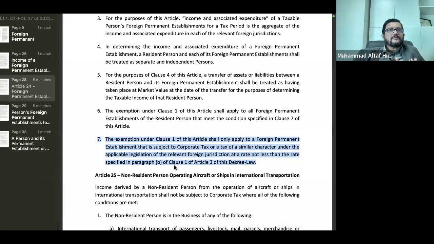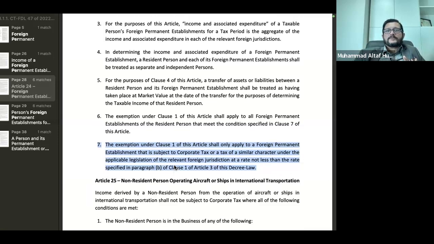So this exemption will not even be available. We will need to include it here. The only thing we will be able to do is claim a foreign tax credit in this case. Exemption we will not be able to take because they are paying less tax than UAE.